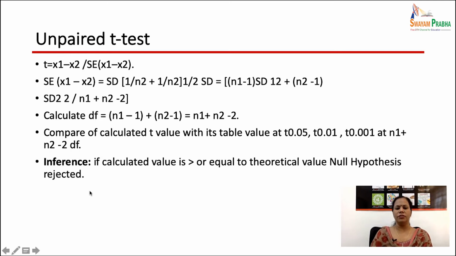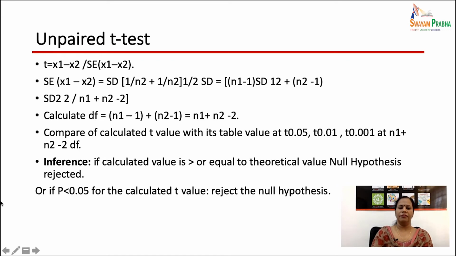Once you have calculated, you make the inference that if the calculated value is more than or equal to the theoretical value, the null hypothesis is rejected. But if your calculated value is less than the theoretical value, then your null hypothesis is accepted.